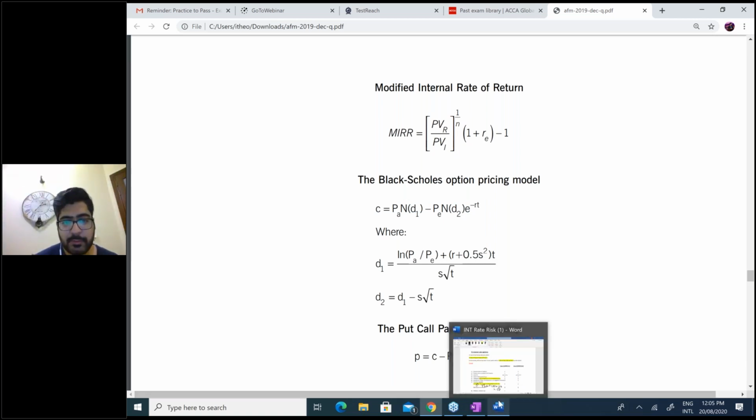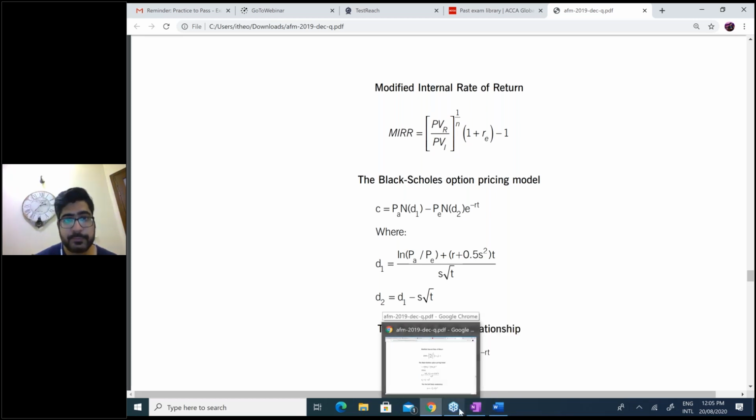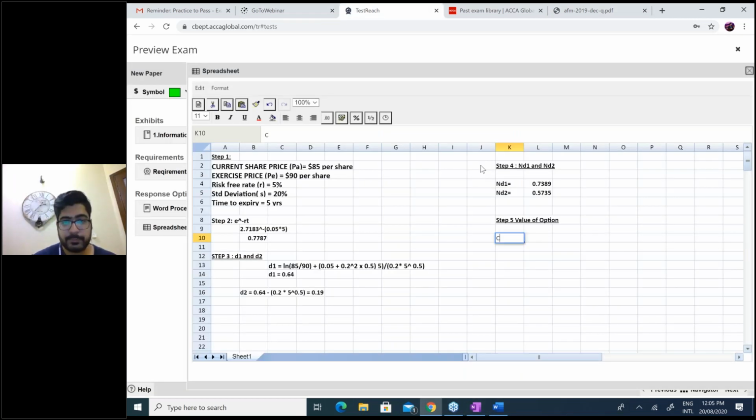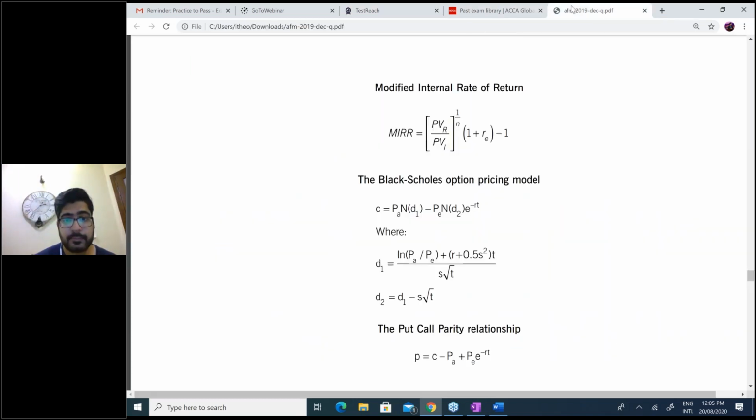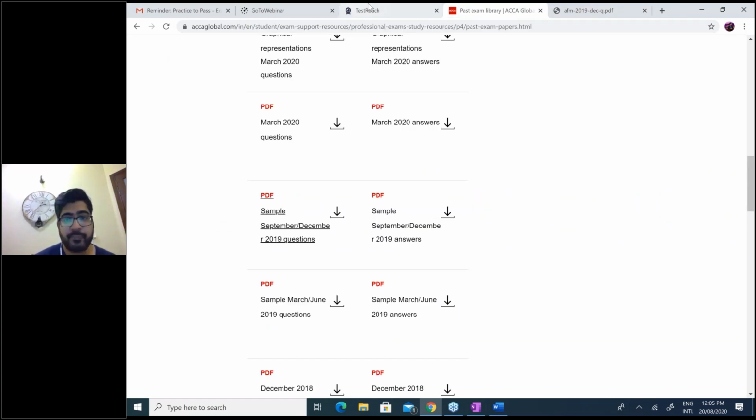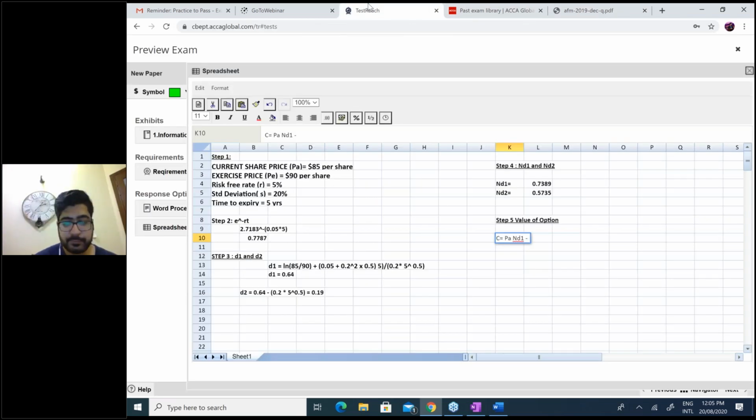C equals PA into ND1, minus PE into ND2 into e to the power minus RT.